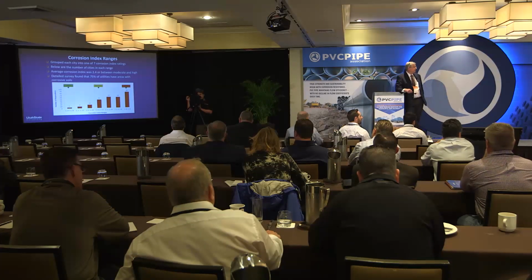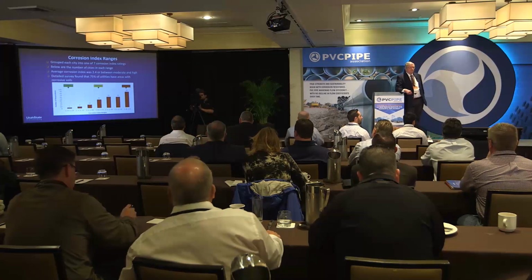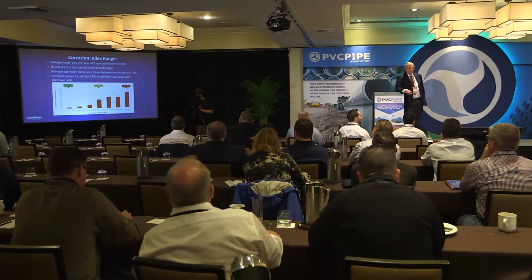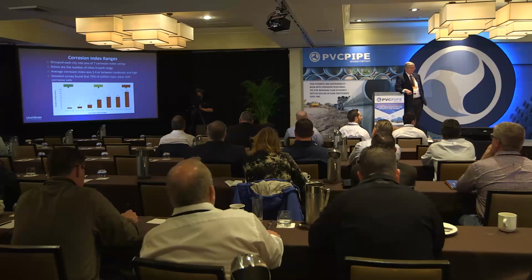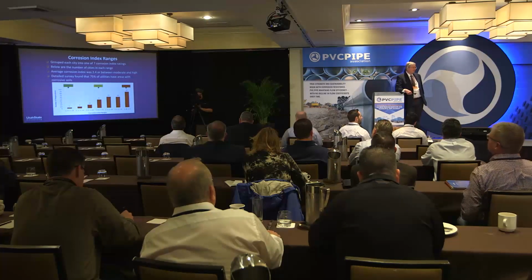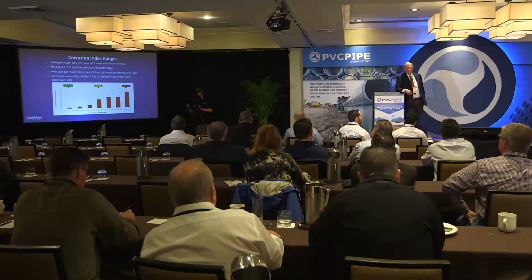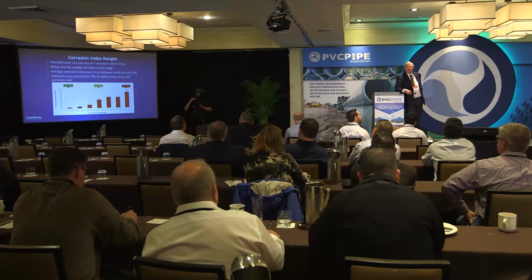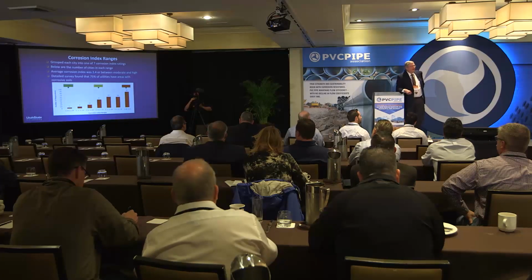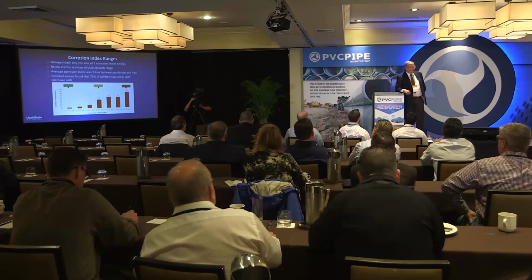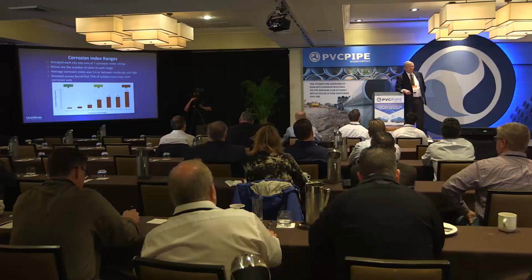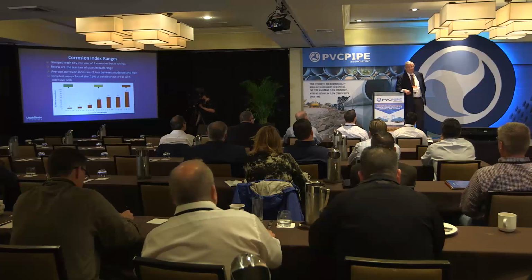The average corrosion index for the 280 cities I looked at was 2.4. That's pretty well right between moderate and high corrosive soil. The number of places with low corrosion soil are few and far between. Most cities, I think the worst state is Texas.